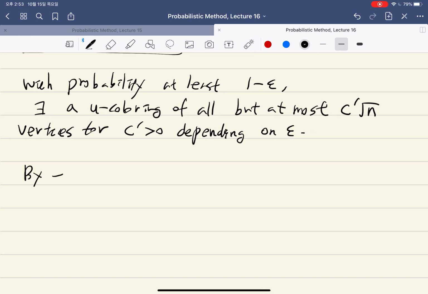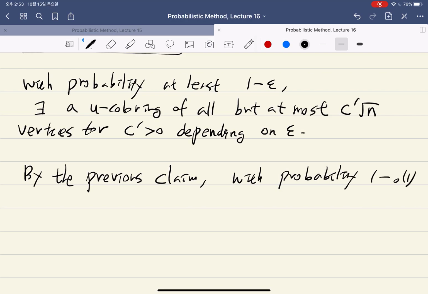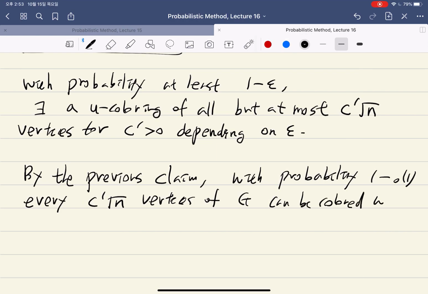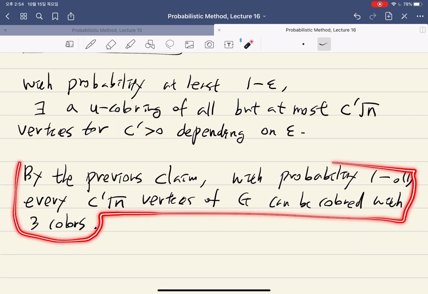for C prime, which depends on epsilon. Then we use the previous claim. With probability 1 minus o(1), every C prime square root of n vertices of G can be colored with 3 colors. It might be more intuitive if we work out the value of C prime, and with that C prime we use this claim.